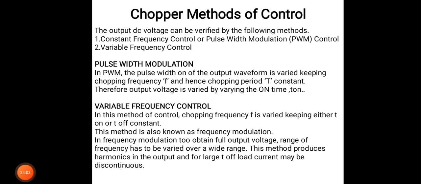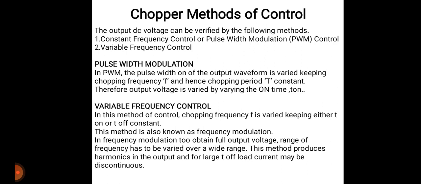Now, the last point of this chapter is the control methods of the chopper. The output DC voltage can be varied by the following methods: constant frequency control or PWM method, and the variable frequency control.